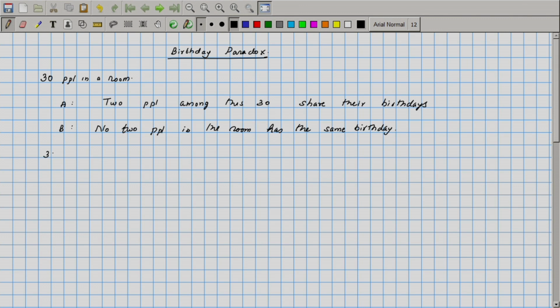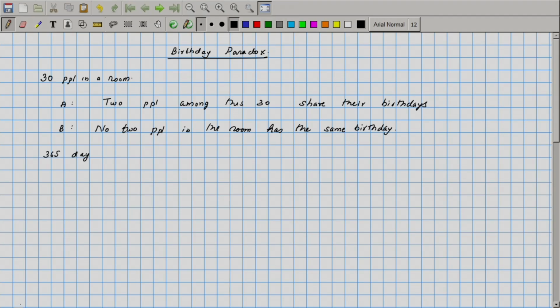There are 365 days in a year, we will ignore leap years for the moment, and each person is being randomly assigned a birthday. That means any day is equally likely to be the birthday of any person in the room.